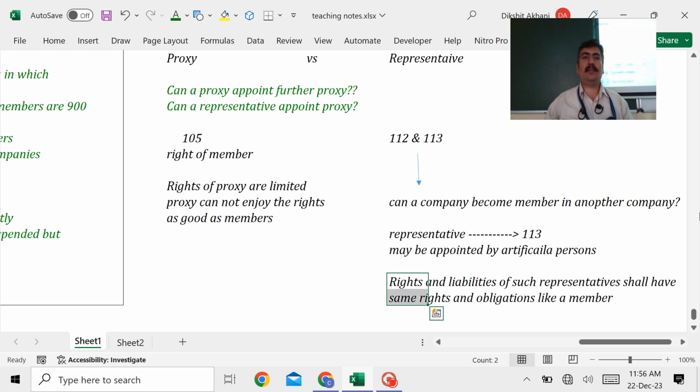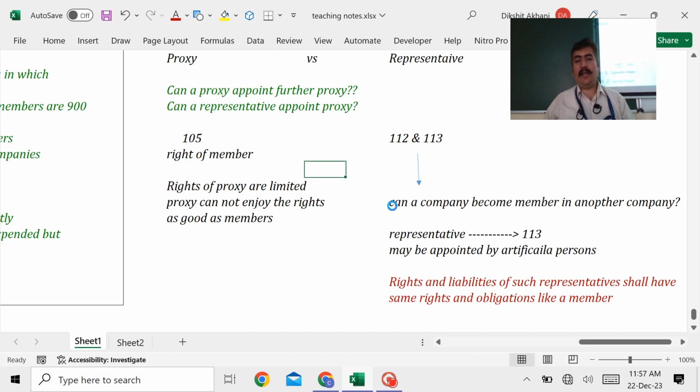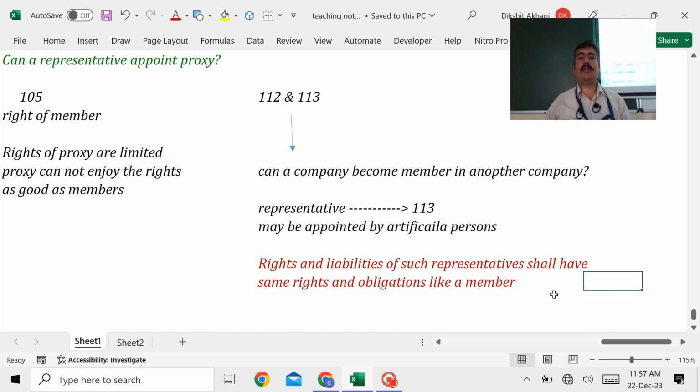Please make a serious note of it in your notebook. They have the same rights and liabilities as a member. So as you know, students, representatives are nothing but a replica of the member. Members do have the voting rights. They do have the right to appoint a proxy.